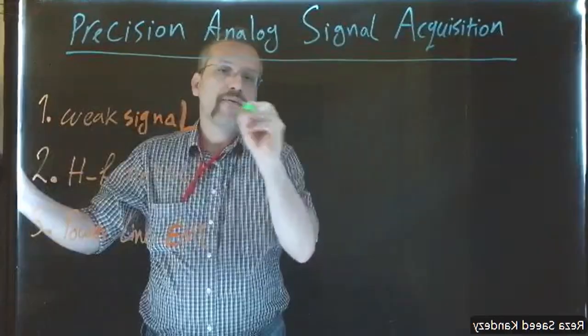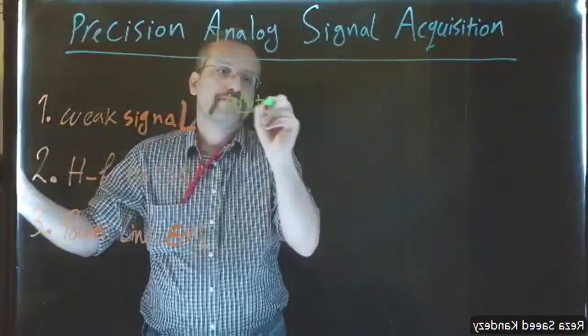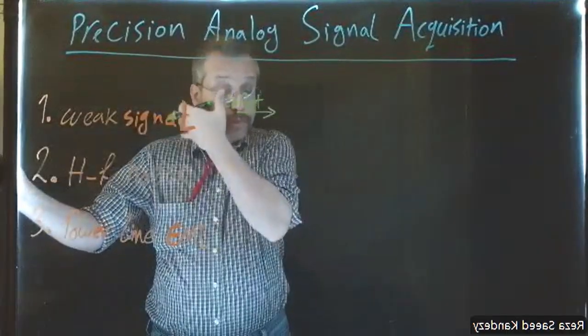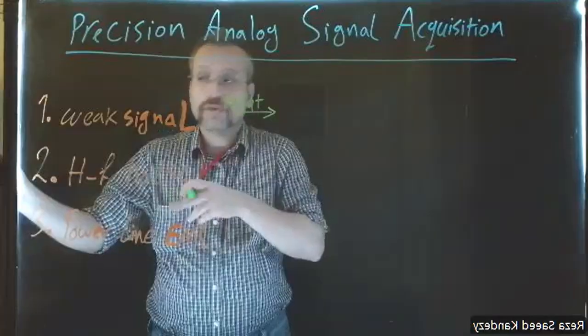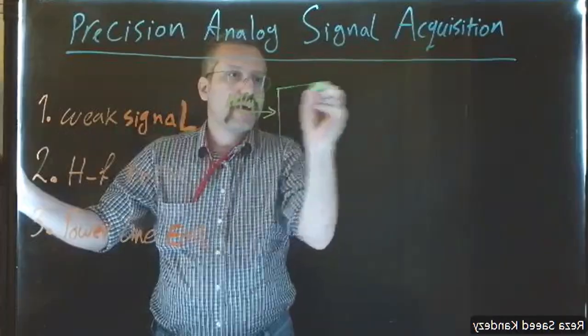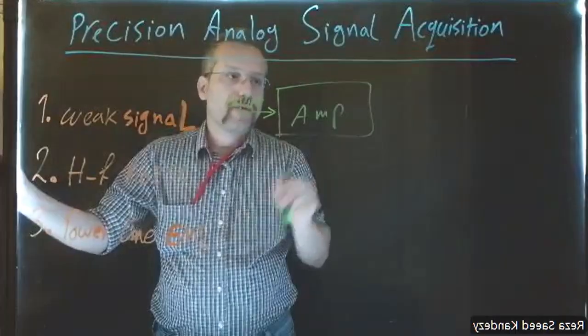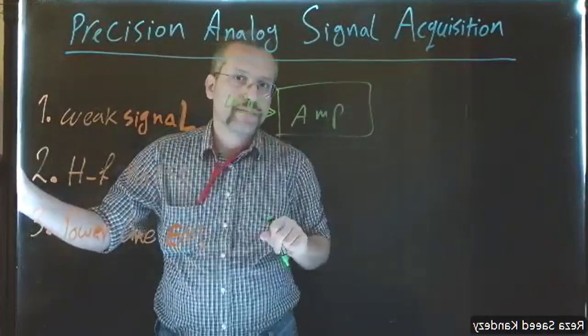So we have our input. The first problem that we needed to address was that the input was a weak signal, so we need to amplify it. We need an amplifier in the first part of our system.